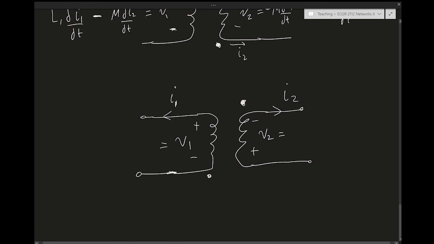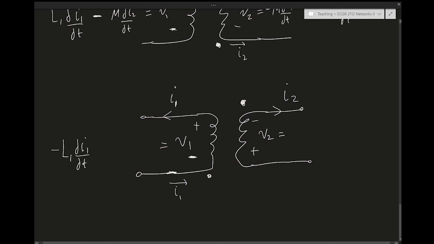I wanted to show you an example where the self-inductance term gives you a negative sign. Well, how come? Because this I1 is going into the negative sign. See that? So that tells me that the self-inductance term is going to be minus L1 di1 by dt.